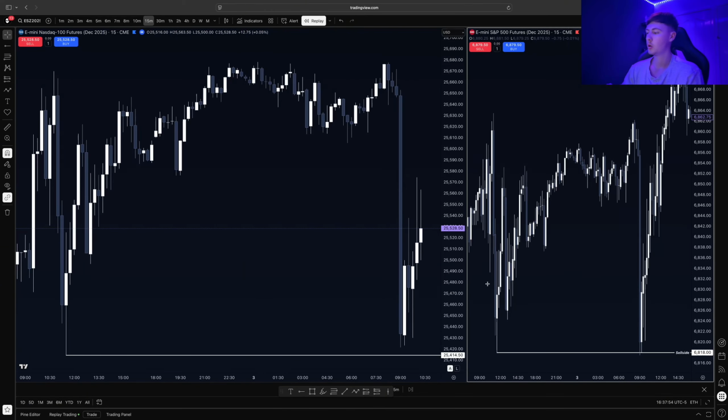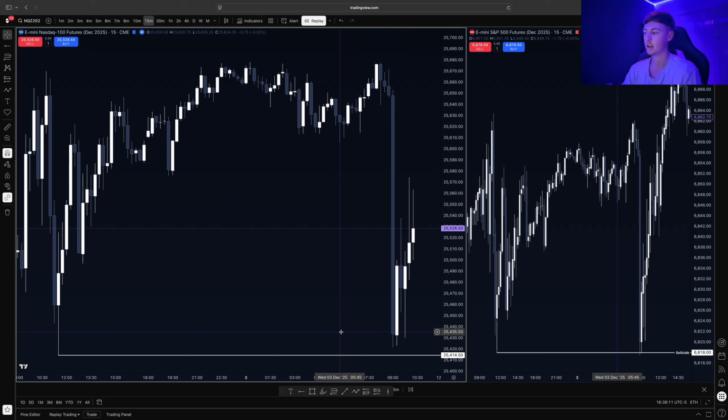Okay, so this is actually an example of a trade that I took live with the Discord team, Tuesday the 2nd of December. This is NQ and ES on the 15-minute time frame. We can see how ES bumps below sell side liquidity. But if we take a look at NQ at that same specific low at 11:30 on the 2nd of December, NQ simply does not run that low. So that is the market telling us that NQ is more bullish and ES is just wanting to manipulate sell stops.